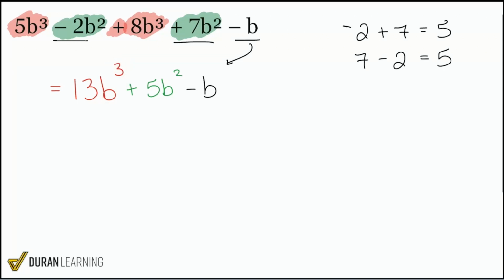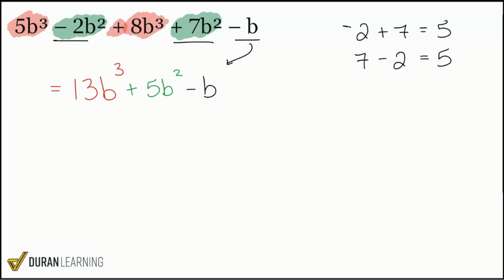Again, this is when we are adding and subtracting. When we're multiplying, we would absolutely add those exponents because it's b times b times b times b times b times b, and that would be 6 b's. So that would be b to the power of 6. But it is not the same case here because we are adding, not multiplying these two terms.